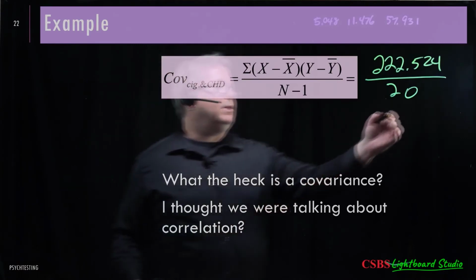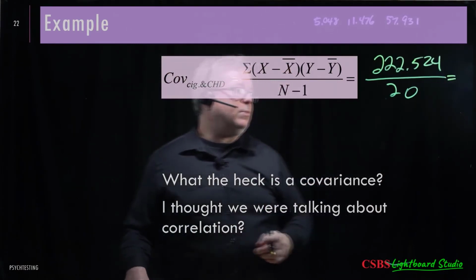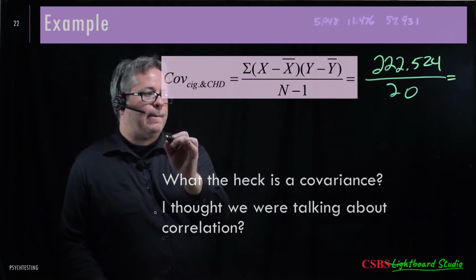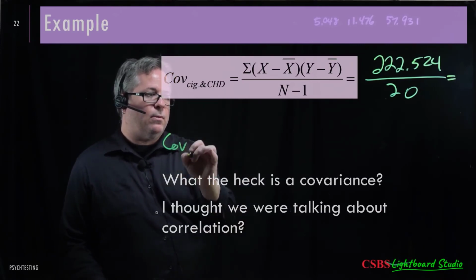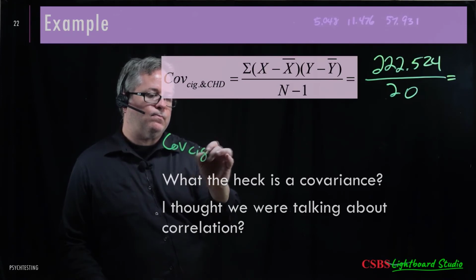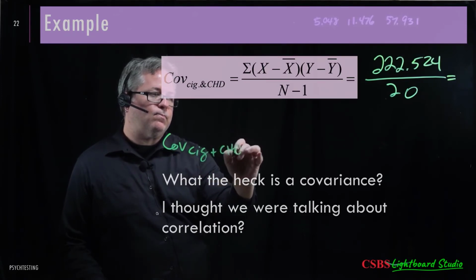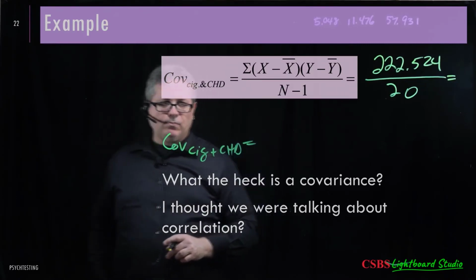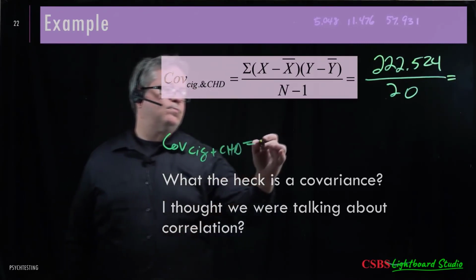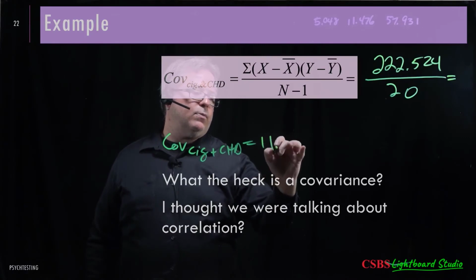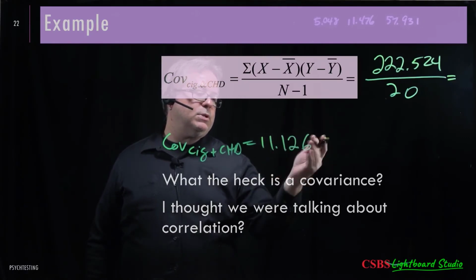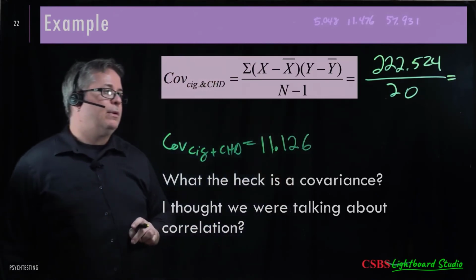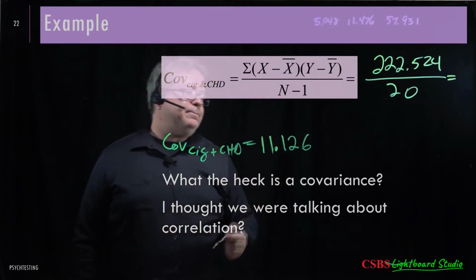So if I divide those, 222.524 divided by 20 equals 11.126. Going with 3 decimals sounds about right. So what does that mean?